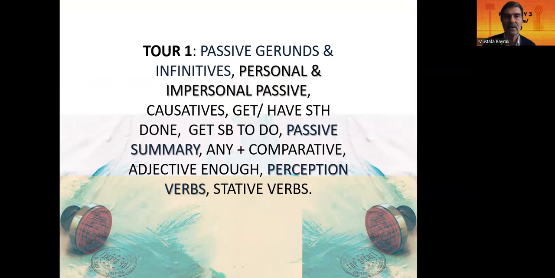Okay, there are 10 trips, and in those 10 trips, we are going to study passive gerunds, passive infinitives, personal and impersonal passive structure, causatives, get or have something done, get someone do something, and then we will make a passive summary, and then we are going to focus on any, comparative adjective enough, perception verbs connected with our 5 perception, and then stative verbs.